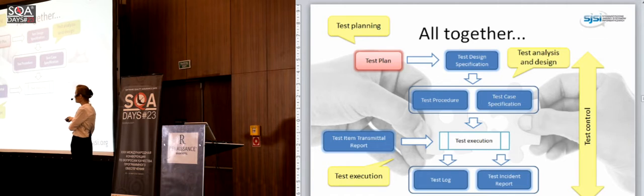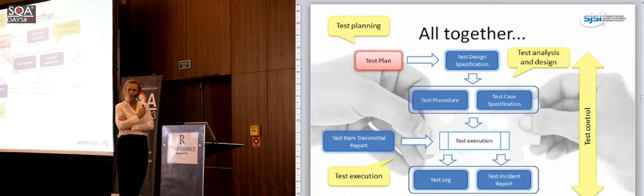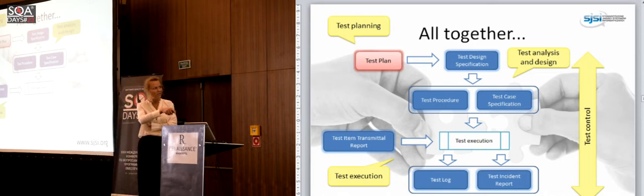And here, what is also missing in many projects, before I start test execution, before I start testing, I need to have some information about what actually is going to be tested. So I need something that is called here the test item transmittal report, shortly release notes.